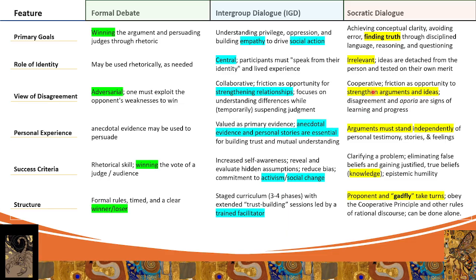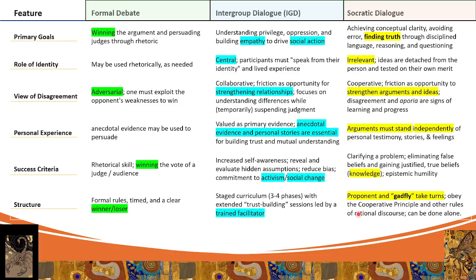We want to strengthen each other's arguments and ideas through cooperative disagreement. The general search here is for knowledge. And we're succeeding in a Socratic dialogue if we're clarifying a problem, clarifying our views, eliminating false beliefs, gaining more justified true beliefs, and developing good intellectual virtues like epistemic humility along the way.